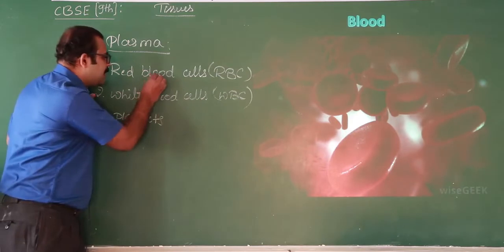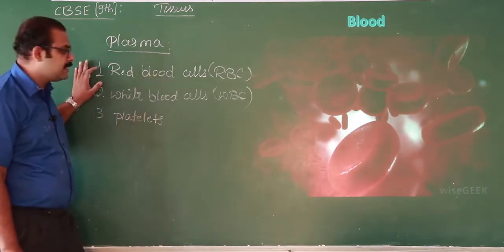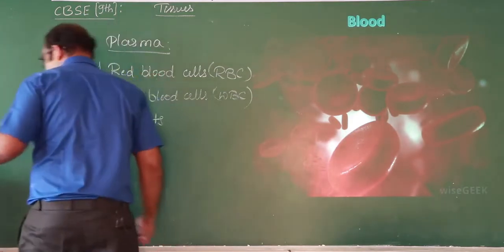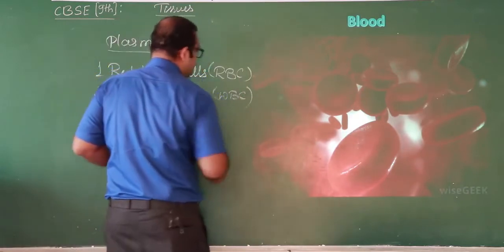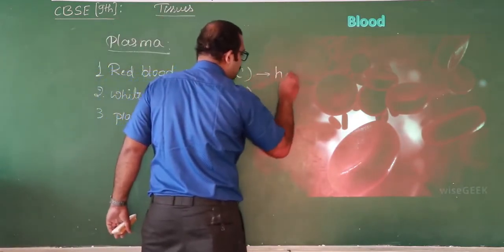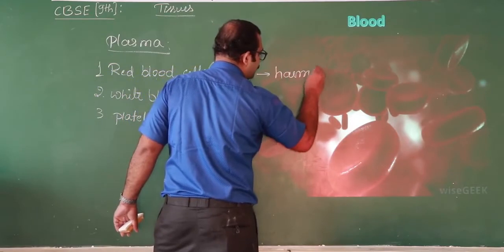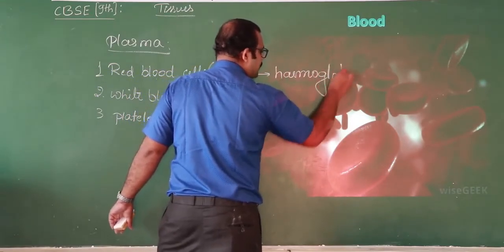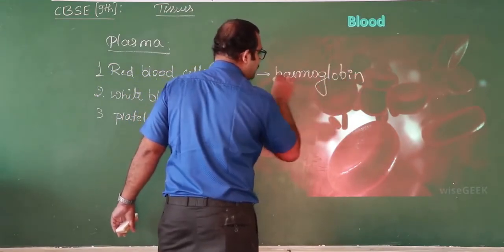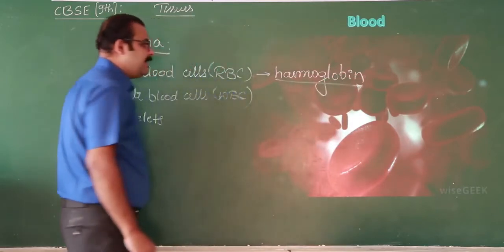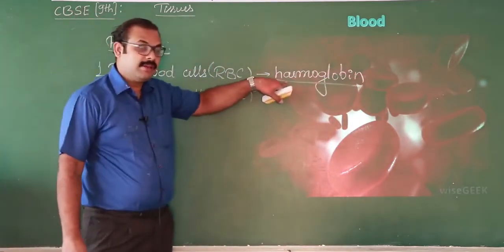Red blood cells are red in color because of the presence of a pigment called hemoglobin. Presence of hemoglobin makes it red in color. Hemoglobin is a protein.